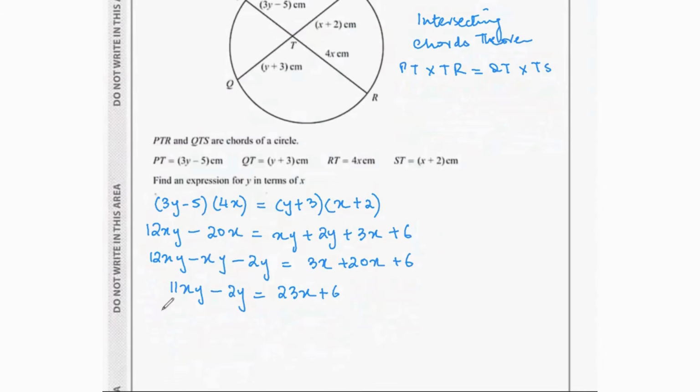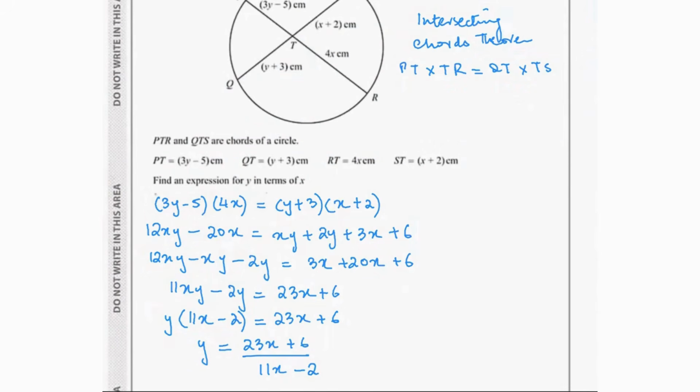We have to make y the subject, so we take y common over here. 11x minus 2 comes in the bracket. Right-hand side remains as it is. And the last step is y equals 23x plus 6 over 11x minus 2. This is the expression for y in terms of x.